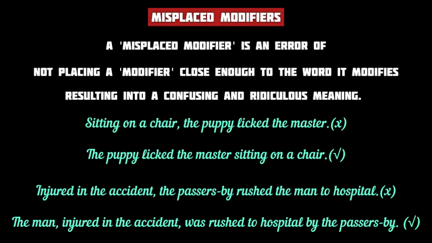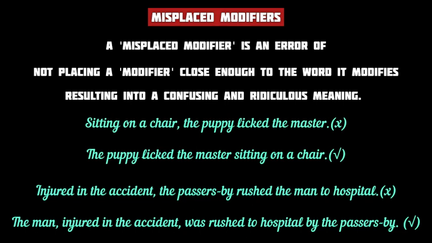So the error of misplaced modifier occurs when a modifier is not placed close enough to the word or expression it modifies in the sentence, resulting in a confusing and ridiculous meaning. So as the name suggests, a misplaced modifier is wrongly placed far away from the noun or pronoun it intends to modify. And consequently, the meaning of the sentence is confusing and unclear.